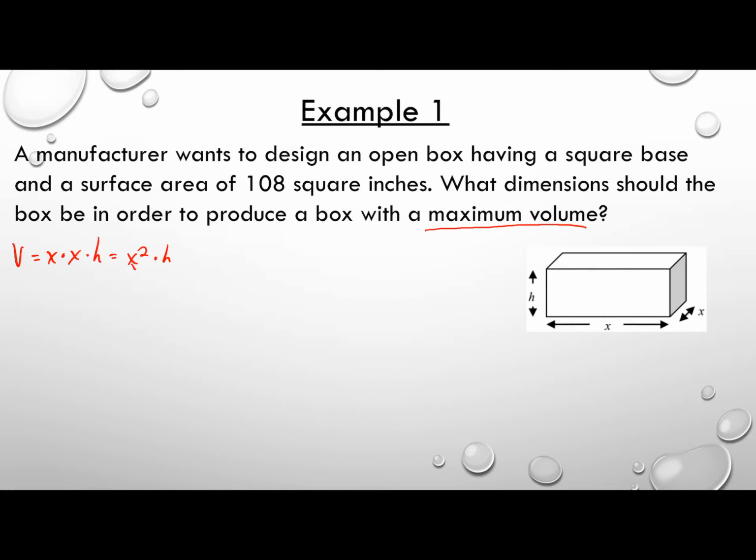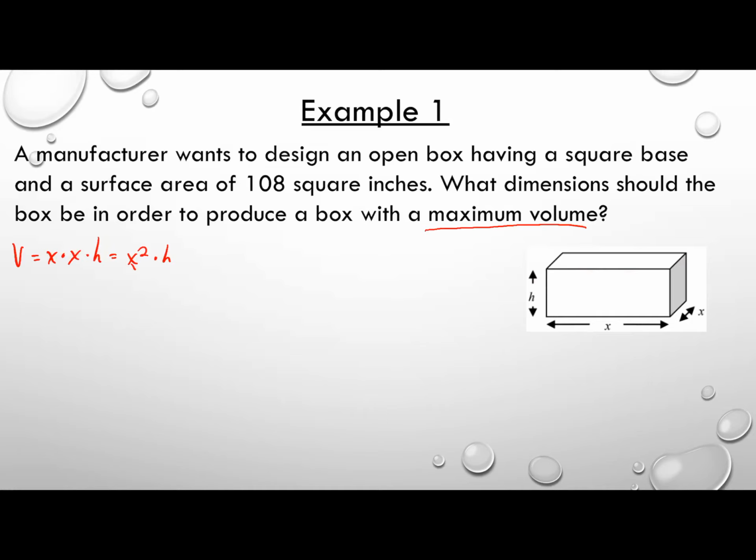Now we're going to simplify this a little bit to make it nicer for us. We have an x squared times a quantity over 4x, so this x and this x cancel out. So now all we are left with is x times the quantity 108 minus x squared, over 4. Forgot the over 4. Okay.